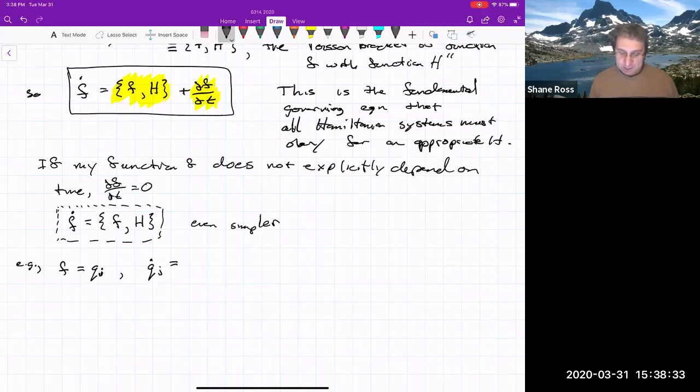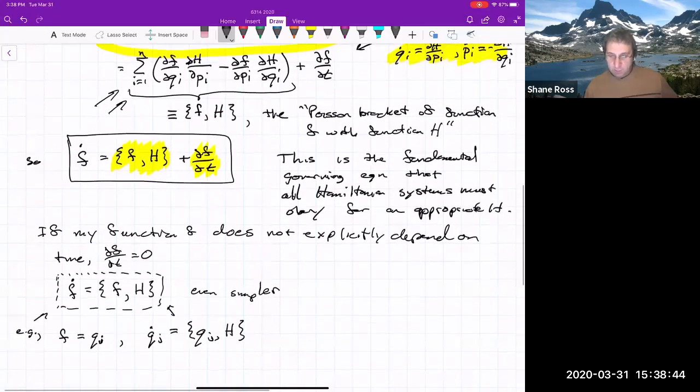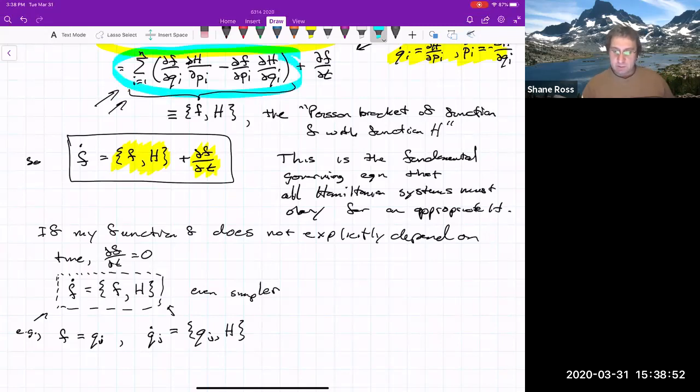So we can use this simpler way of writing things. We've got the Poisson bracket of qj with h. And if you look up above, if this depends only on j, then we're only going to pick out one of the terms of this sum over partial derivatives. So the only term that we pick up is partial h, partial pj.